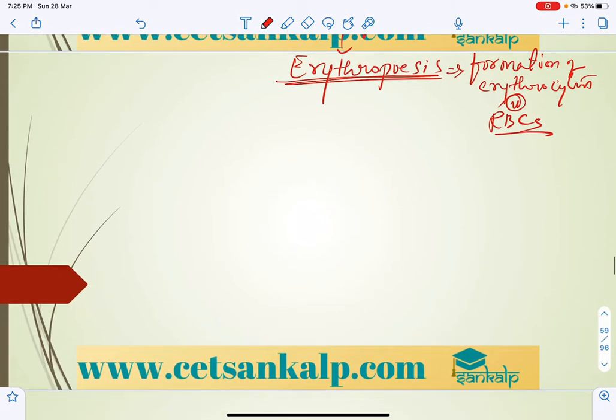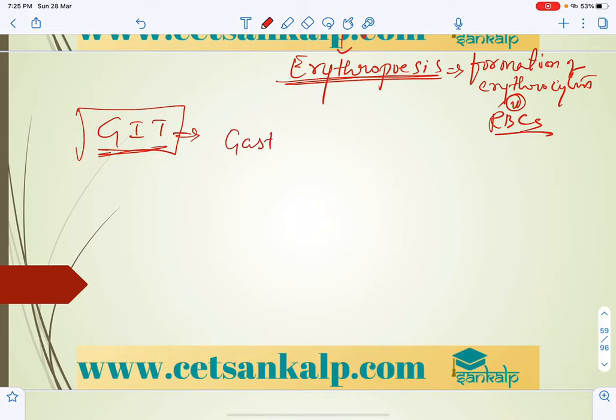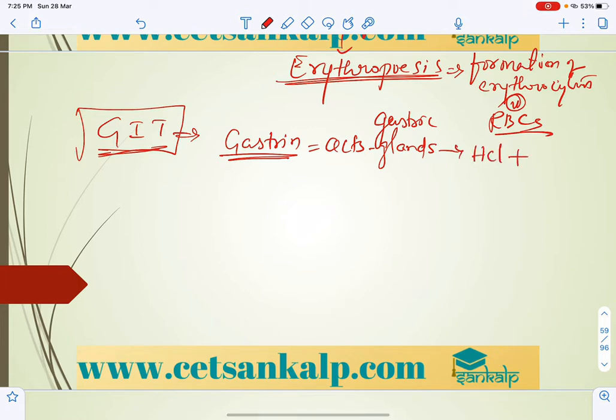And the last one, the gastrointestinal tract. It has endocrine cells which produce peptide hormones like gastrin. Gastrin acts on gastric glands, and the gastric glands secrete HCl and the enzyme pepsinogen.